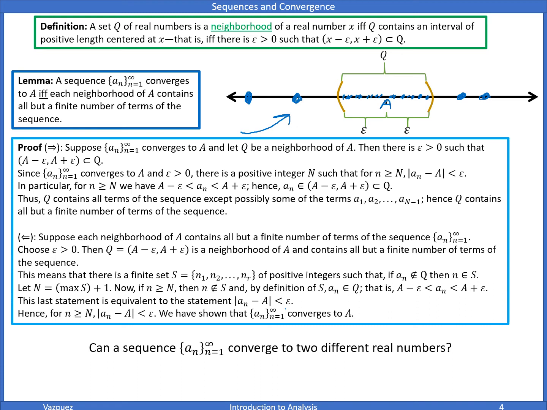So last thing for this slide, I have a question: can a sequence converge to two different real numbers? Say, for example, can a sequence converge to A and B?